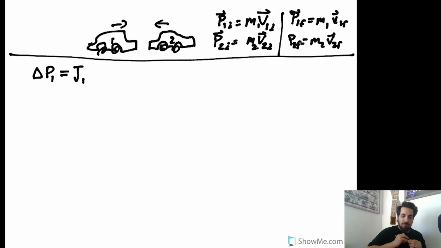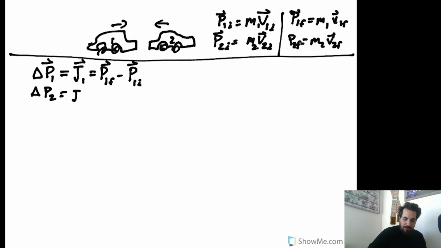So the change in momentum is equal to the impulse, which is going to be equal to final momentum minus initial momentum. And of course, all of these are vectors. That vector quality is going to be really important here in a minute. So here we have our change in momentum of 1. And of course, we have a change in momentum for 2, which is the exact same relationship, just swapping out the 1s for 2s.